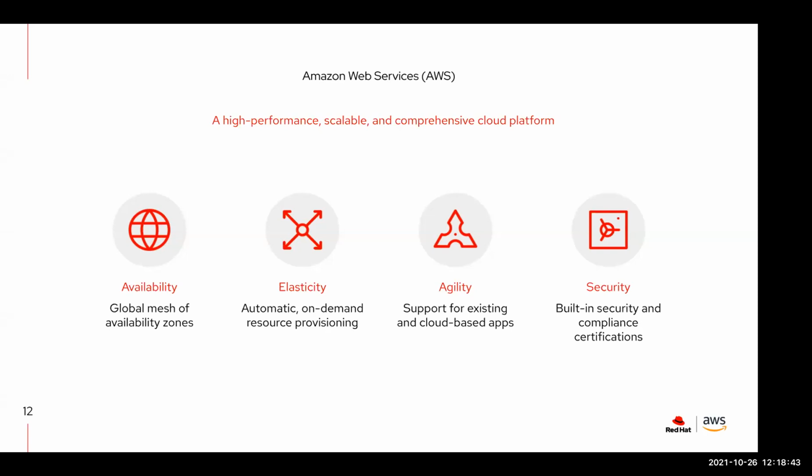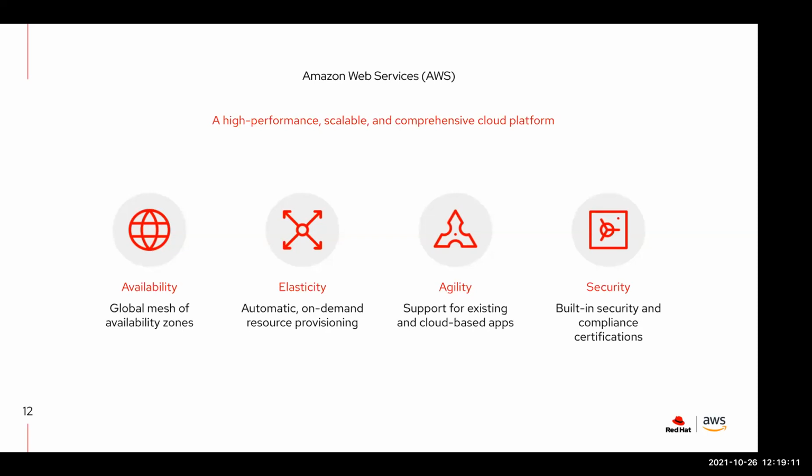We talk about edge computing, making sure that applications are running as close to the edge as possible. This is something that AWS provides really out of the box. OpenShift is really tuned to run these applications at the edge, but AWS makes it even easier with something like availability zones. Elasticity: AWS lets you adapt to changing demand by automatically provisioning and retiring resources as needed.